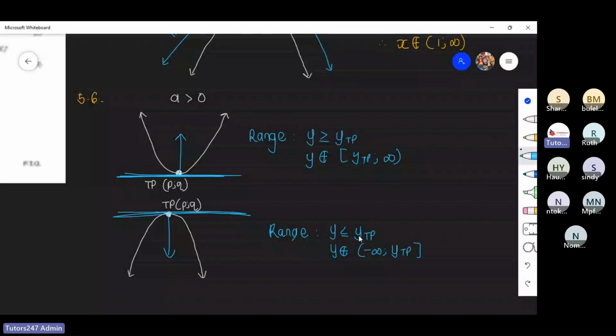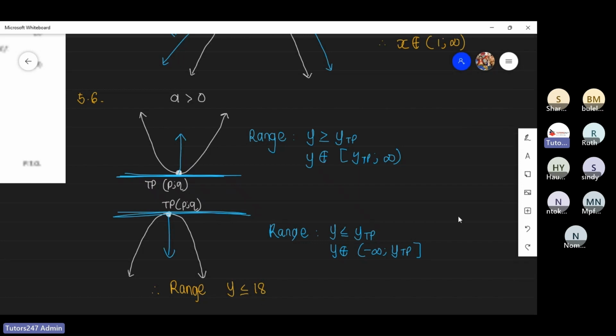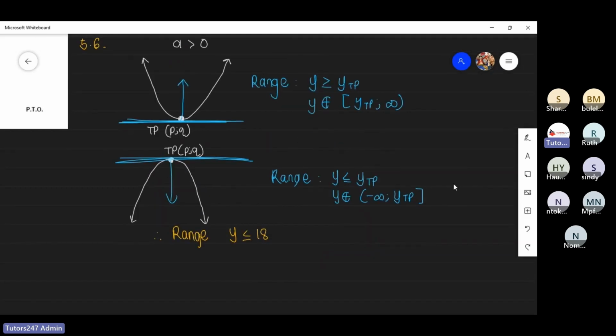When you're using the secondary notation, y an element, within your bracket you must always have the lowest value on the left and the highest value on the right. So it's always from lowest to highest, or smallest to biggest. Now, we need to answer this question. What is the range of G? The range of G is therefore y less than or equal to 18, because the y value of our turning point is 18.